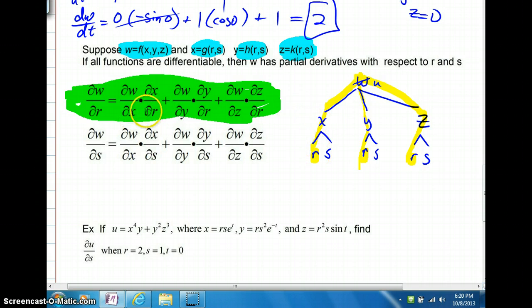So this is our little chain rule here. Then we could take our partial derivative of w with respect to y, multiply that by the derivative of y with respect to r. Finally, add to that the derivative of w with respect to z, multiply by the partial derivative of z to r. We could do the same thing with respect to s.